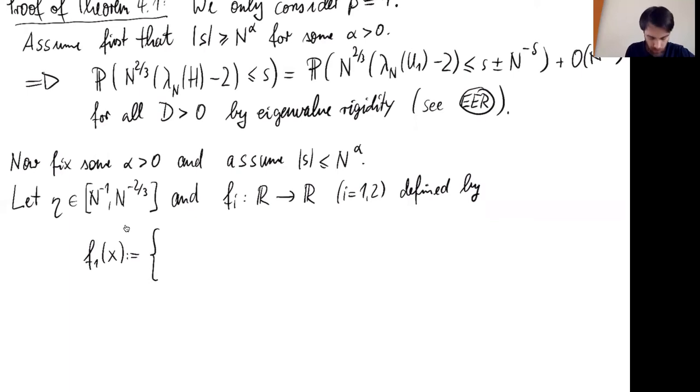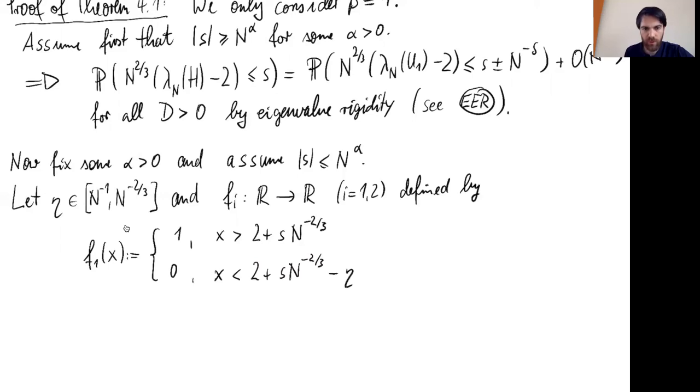So when x is big, namely it's 2 plus s times n to the minus 2/3, and it's 0 otherwise, and in between you just interpolate increasingly.